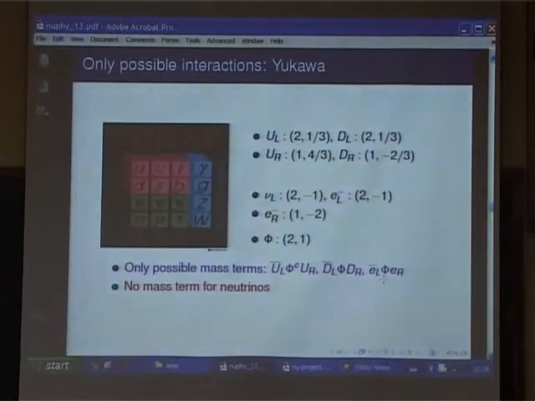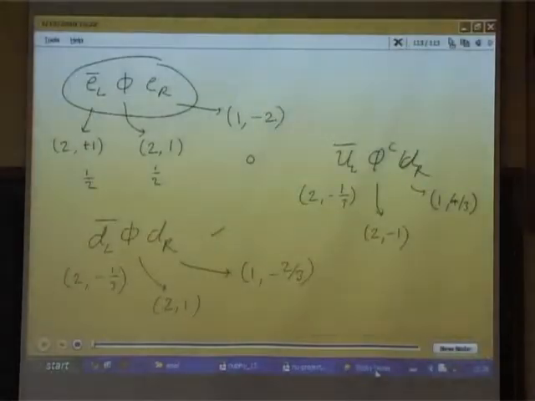In principle, for example, you cannot write down a mass term for U. So let's look at these terms. All these terms are special because they are of the form some left-handed bar, phi, right-handed.